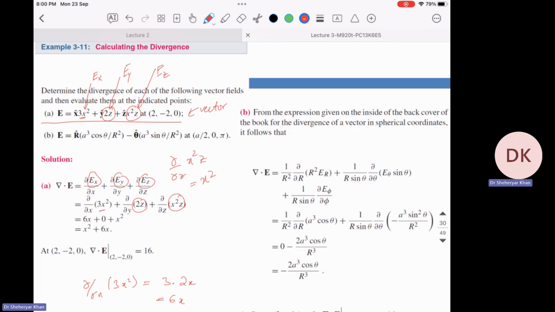Now the final answer is x square plus 6x, and because the question also asks you to evaluate at (2, -2, 0), we put in this point and the answer is 16. Correct. Now this is a positive answer, so we can assume that the flux is going away, or the number of flux lines entering is greater than leaving.